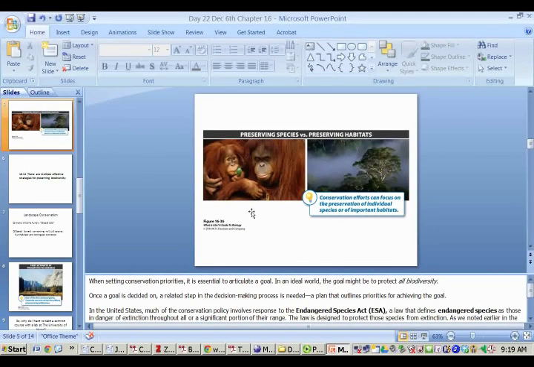So one of the things that scientists look at is whether to preserve a species, or to work on preserving the entire habitat that goes along with multiple species. And that tends to be the direction that we go, because you can't just save a species.